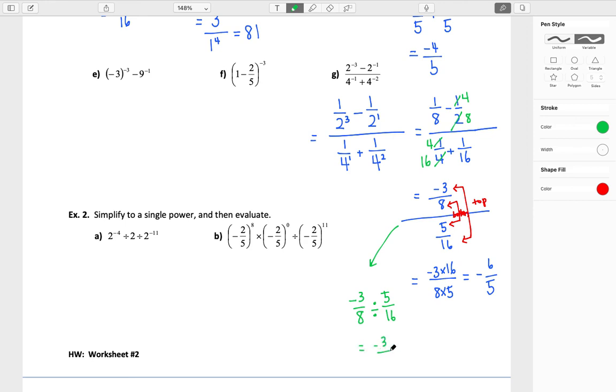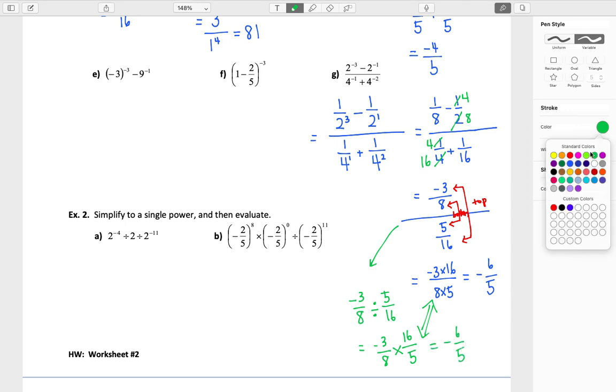So it's negative 3 over 8 times, but we're flipping it, 16 over 5. This is the rule with dividing fractions. And then we're back to basic. It looks exactly the same, which will give me negative 6 over 5 after you simplify.